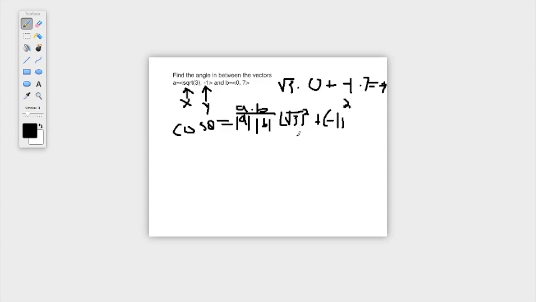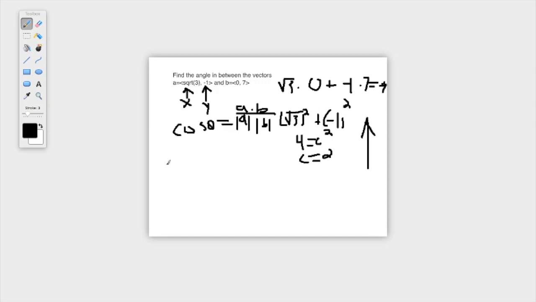So 3 plus 1 is 4 equals c squared, and the magnitude is 2. For B, 0 squared is 0, plus 7 squared is 49. So 49 equals c squared, and the magnitude of B is 7, because remember, it's just a vertical vector, like this.